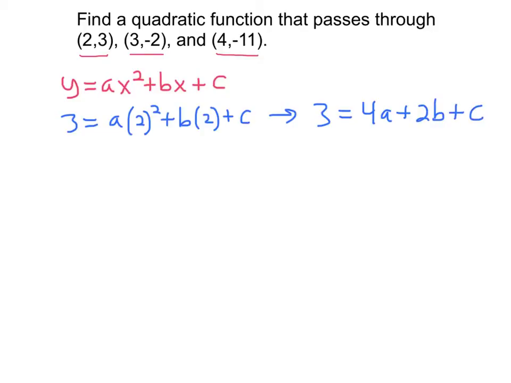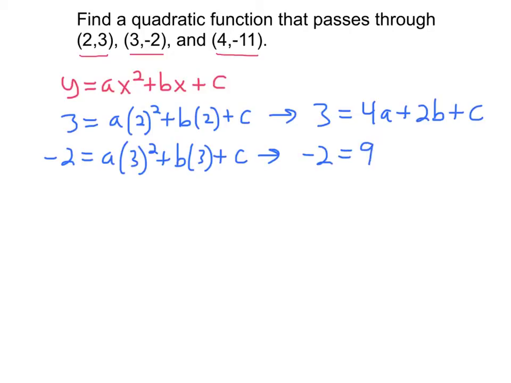Okay, now let's do the same thing with the second ordered pair. This time we're going to plug a 3 in for x and a negative 2 in for y. So we have negative 2 equals a times 3 squared plus b times 3 plus c. And that's going to simplify into negative 2 equals 3 squared is 9, so we have 9a plus 3b plus c.